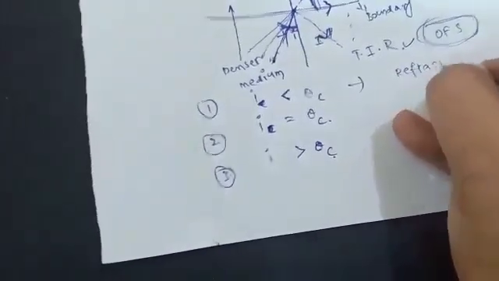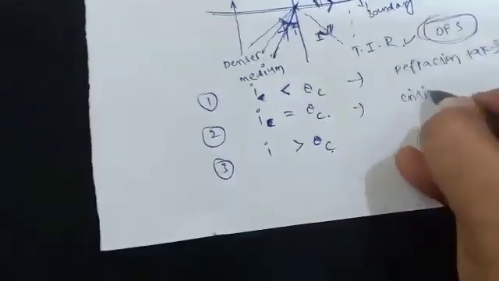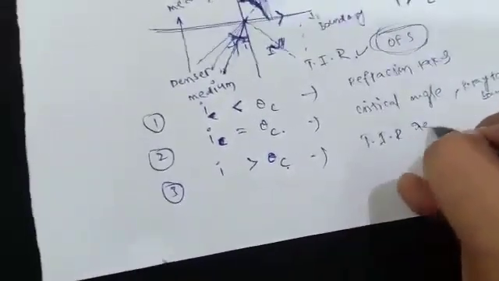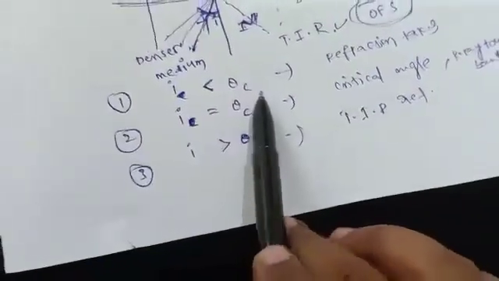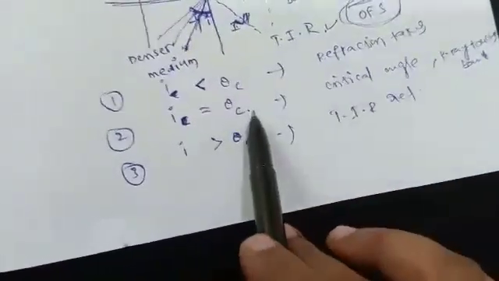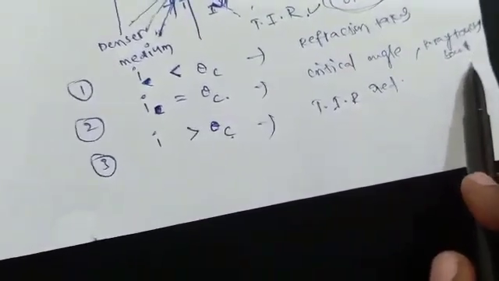In the first condition, refraction takes place. In the second, the refracted ray touches the boundary. In the third case, total internal reflection takes place. Clear?